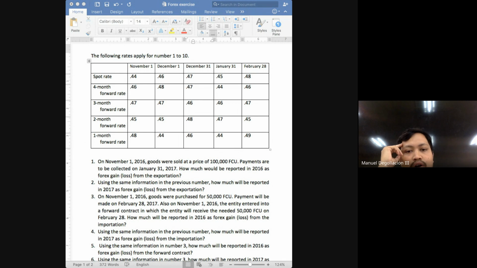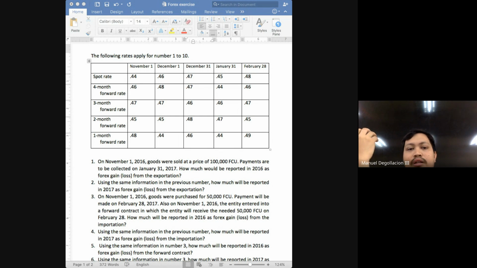Ignore all forward rates that will be given. We will only use the forward rate, class, if there will be forward contracts. But if the transaction is very simple, importation and exportation denominated in foreign currencies, use only the spot rate. That's very important, class. If you do not study this topic and you're presented with a problem giving you spot rates and forward rates, you'll get confused.